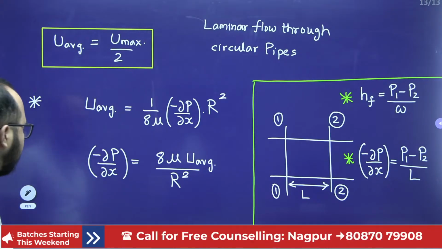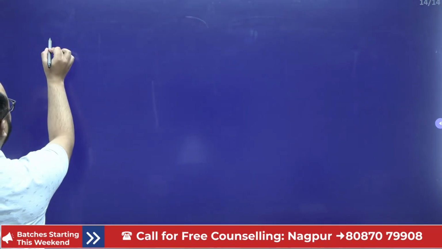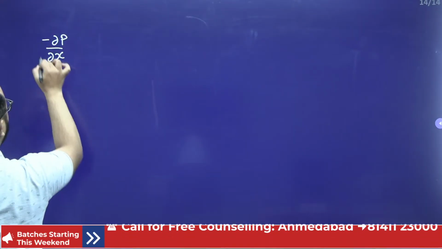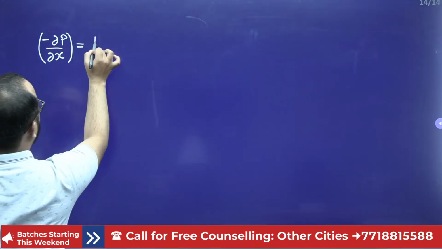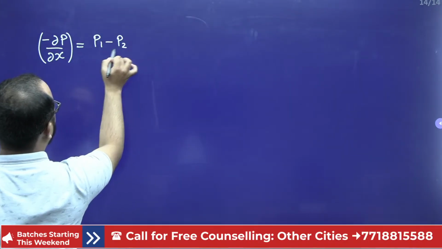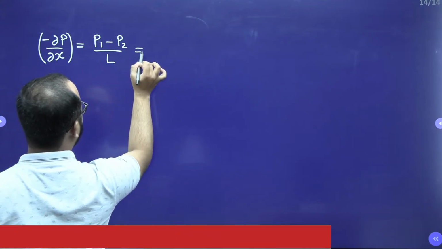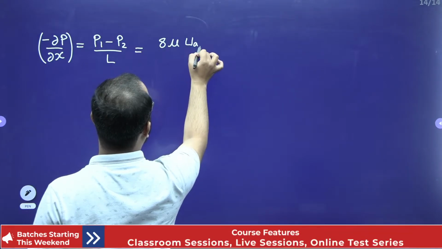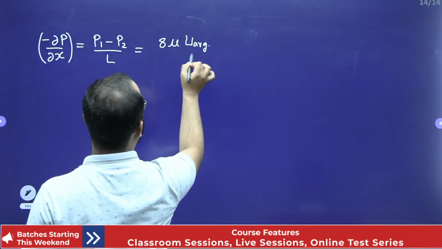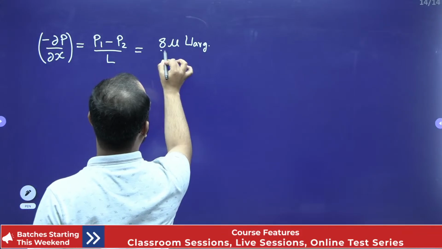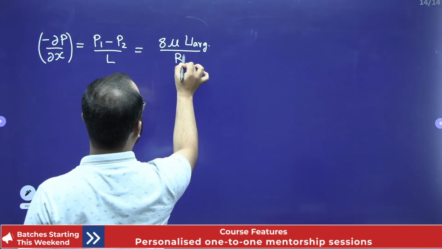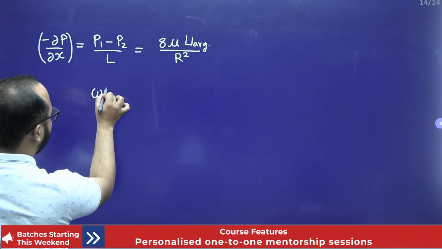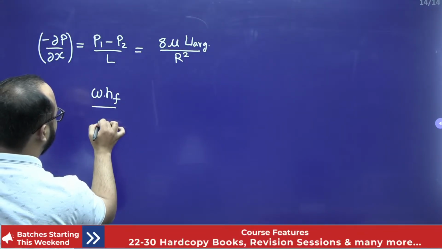So again I will write, so that there will not be confusion for you: 8 μ U average divided by R square. Now instead of pressure difference, I will write specific weight into HF divided by L.